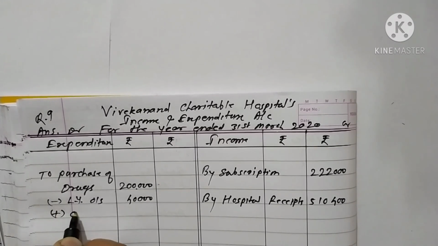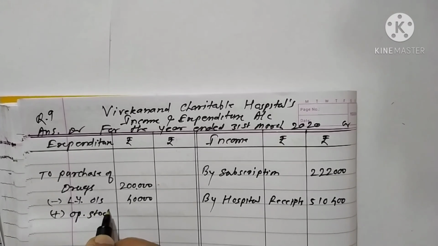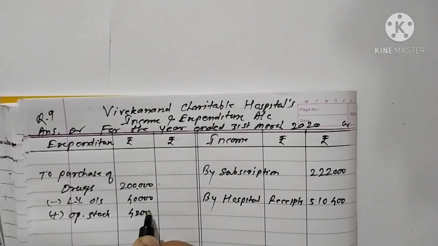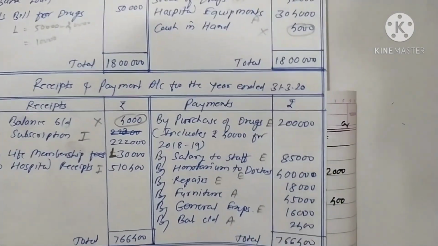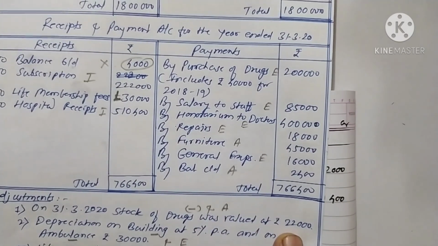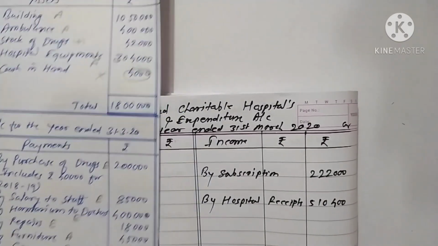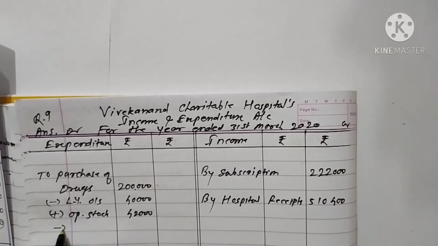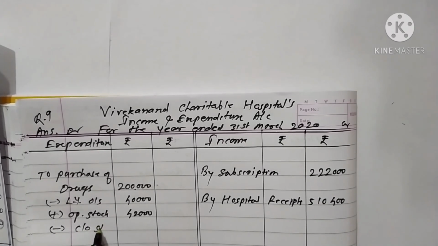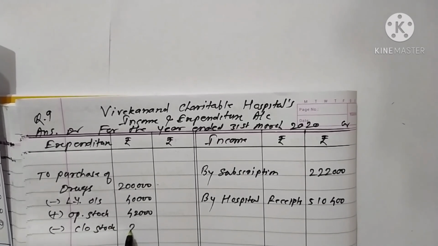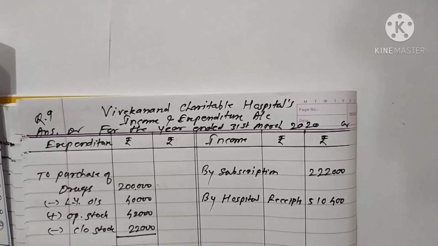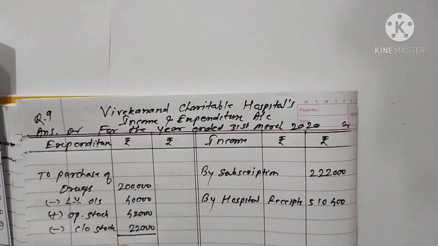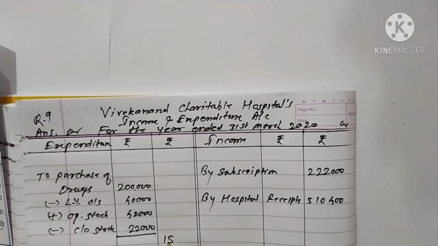Add opening stock, and again we have to subtract the closing stock of drugs, rupees 22,000. Less closing stock, 22,000. Now see, we close the total, rupees 1,80,000.